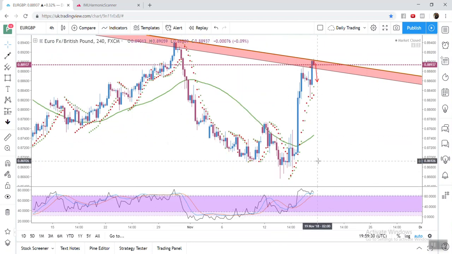Now if you use the stochastics as well, the stochastics are starting to cross, but they lag more than the RSI, but we can see we're starting to get that move around.